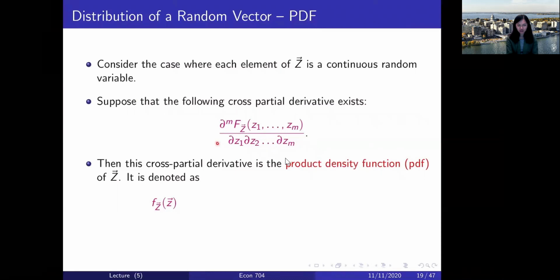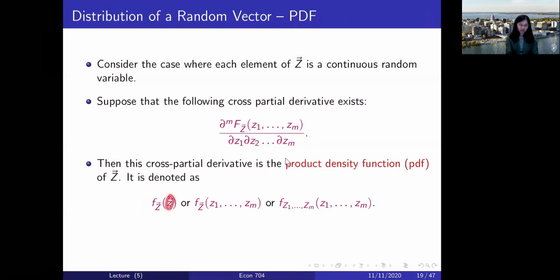Okay, so this cross partial derivative, where you take the partial derivative with respect to each and every element, each and every argument of the function. This cross partial derivative is the probability density function of the random vector, and it's denoted by the lowercase f sub capital Z evaluated at lowercase z.